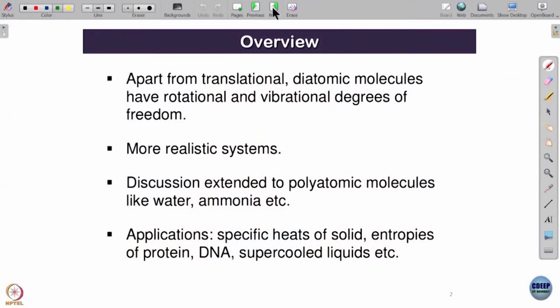In the case of molecules, these are more realistic systems.